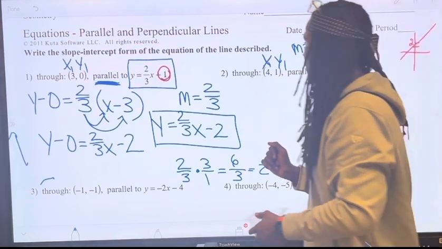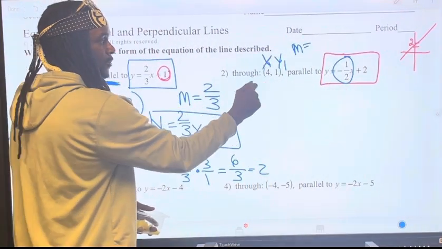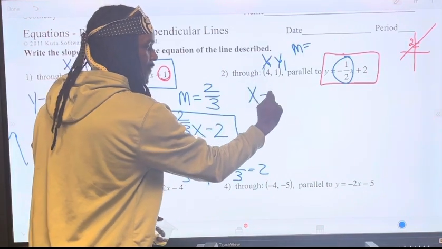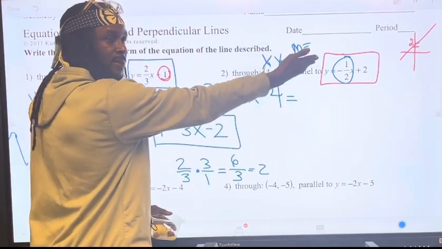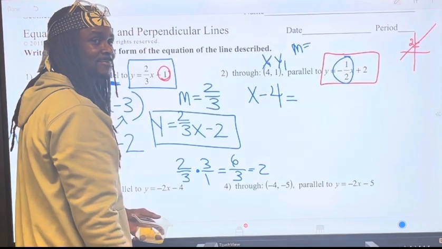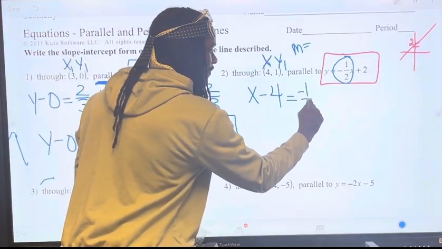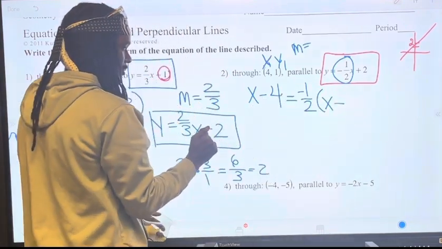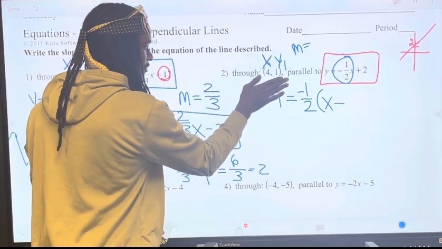So we take this and put it in point slope form. This is x1 and y1. So this becomes x minus 4 equals, what's the slope? Negative 1 over 2. Sorry, this was wrong.